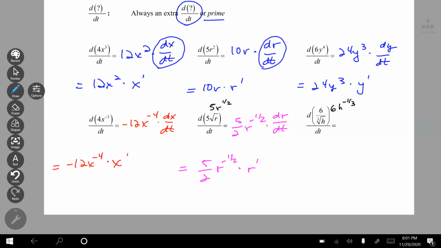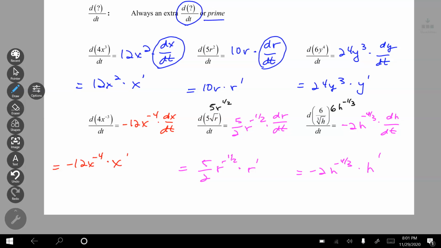Everyone uses a shorthand, and this one would be negative 2h to the negative 4/3, and then we would put in an extra dh/dt, or negative 2h to the negative 4/3 with an h prime.